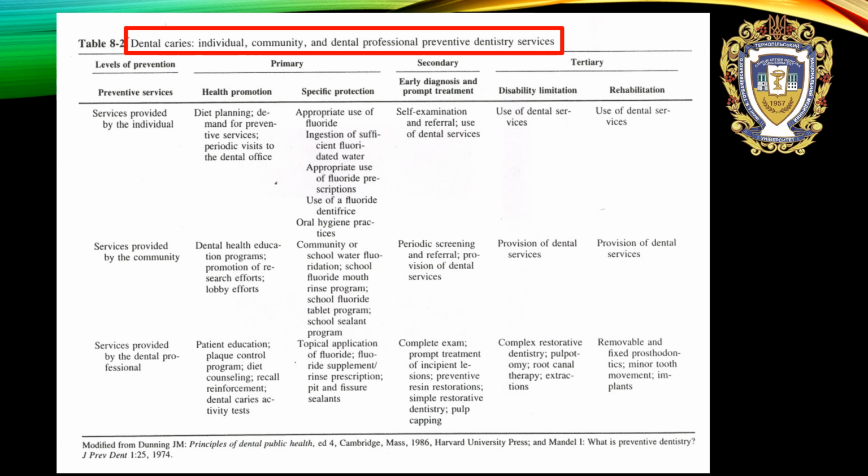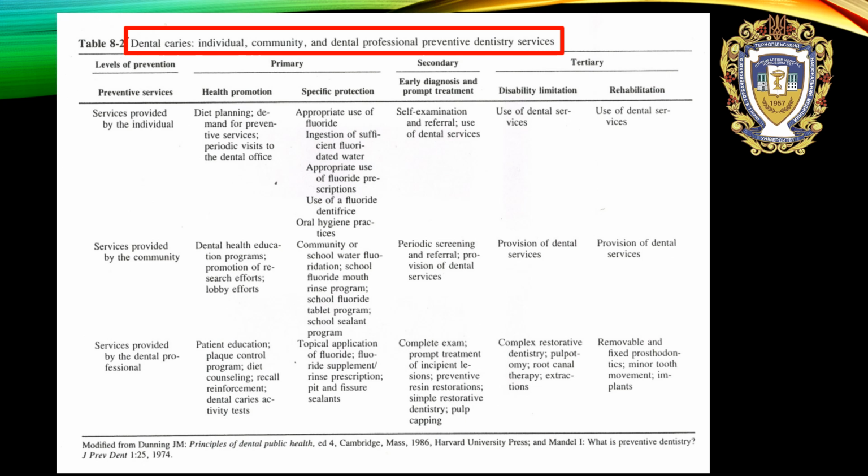In the primary level, it can be health promotion, like diet planning, demand for preventive services, periodic visits to the dental office, and specific protection: appropriate use of fluoride, ingestion of sufficient fluoridated water, appropriate use of fluoride prescriptions, use of fluoride dentifrice, oral hygiene practices.